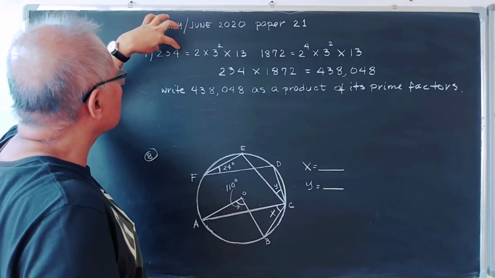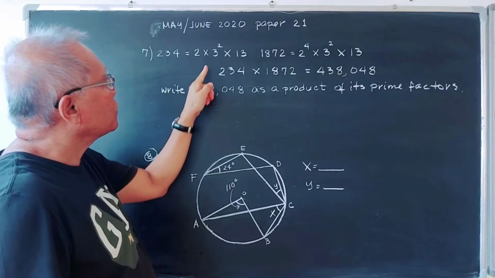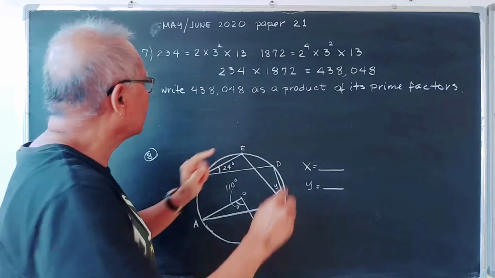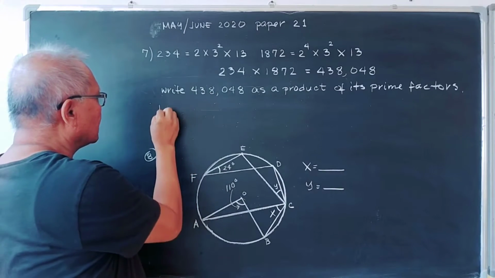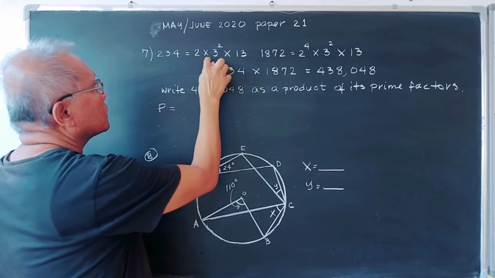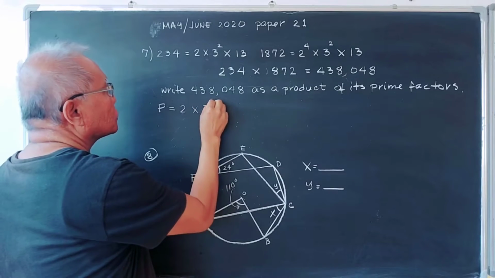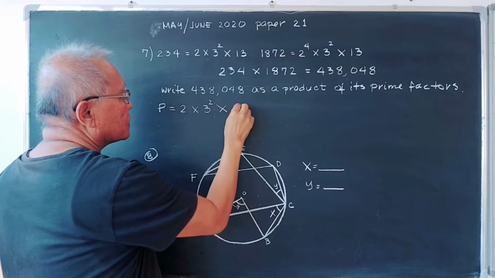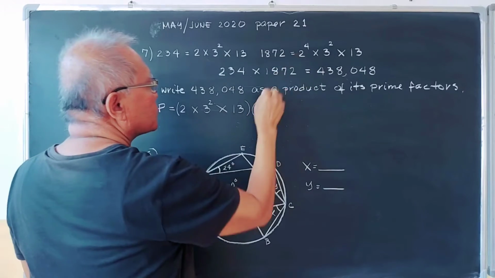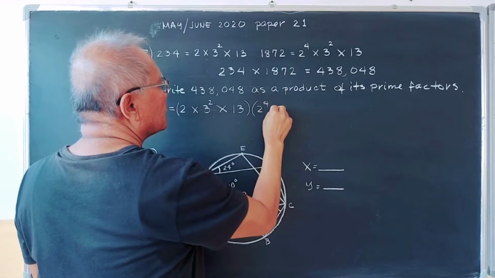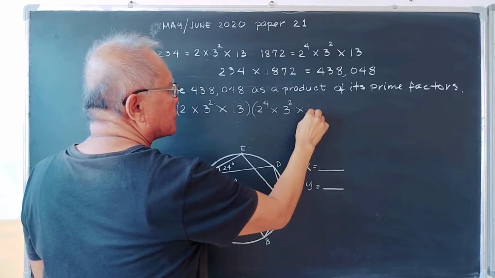So you know that this and this are the factors of 438,048. We just multiply this and this one. So the prime factored form of 438,048 is 2 times 3 squared times 13, times 2 to the 4th times 3 squared times 13.